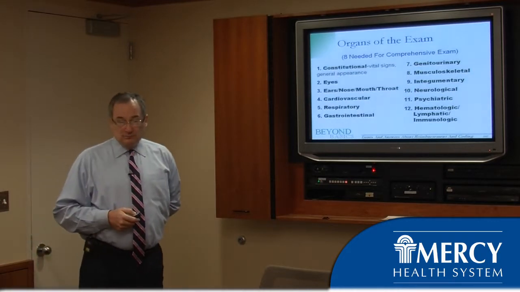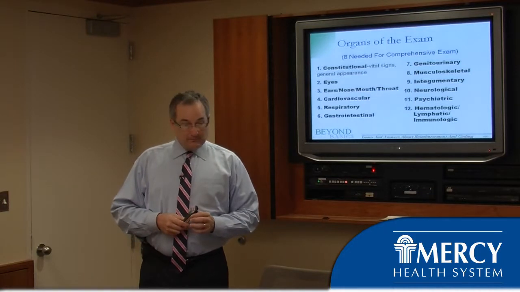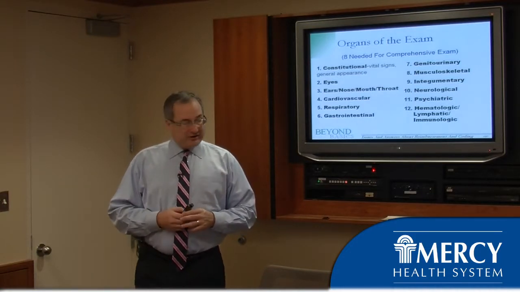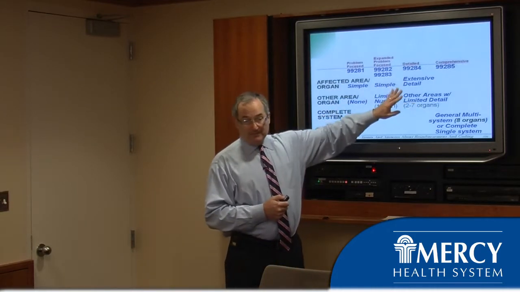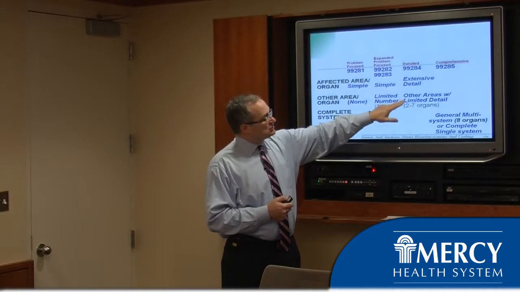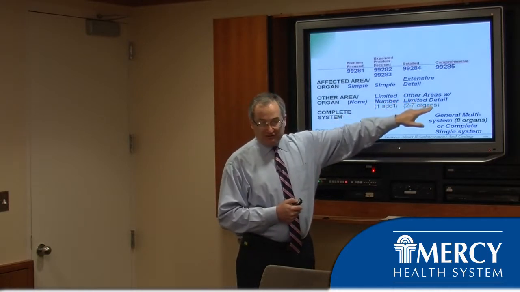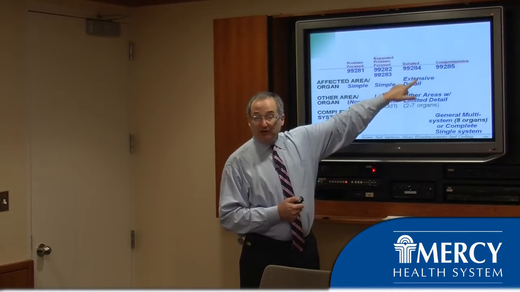What's the difference between simple and extensive documentation for the affected area? That's a good question. The affected organ, and this does get into the coding controversy a little bit. It's expected, if I wanted to do limited additional detail, I would have to provide extensive detail about the area of complaint.